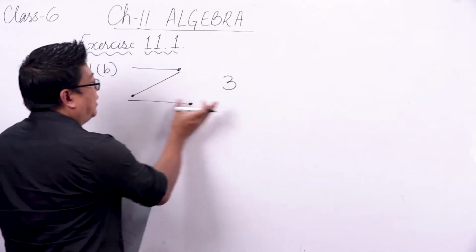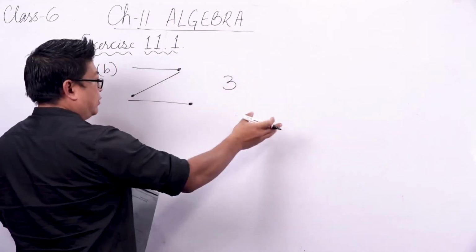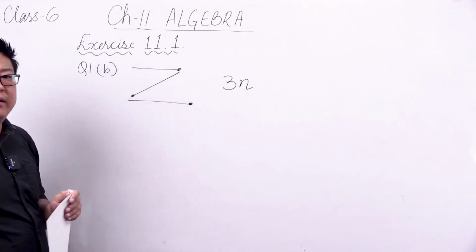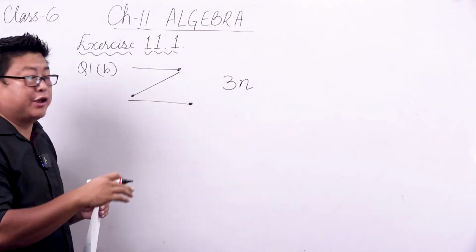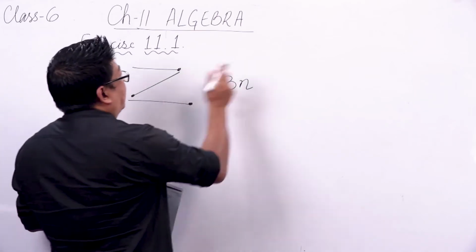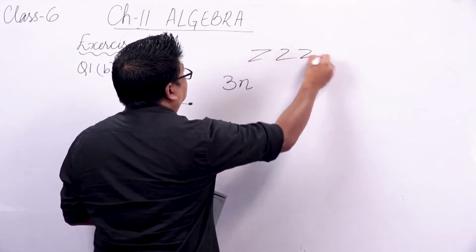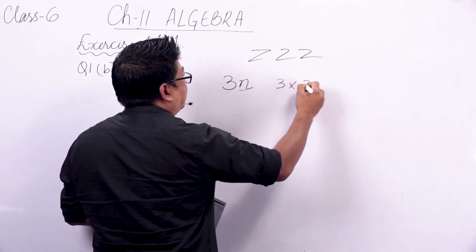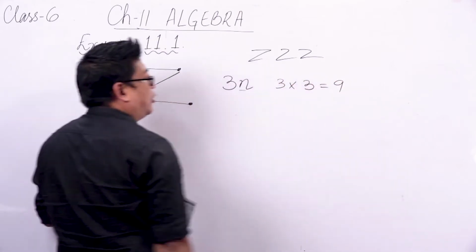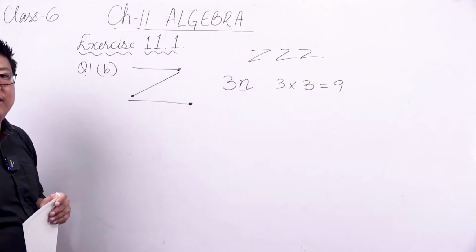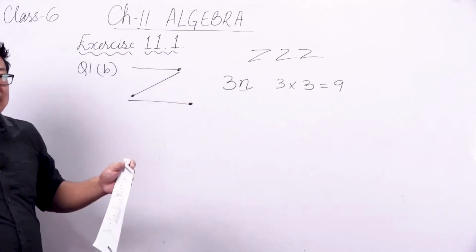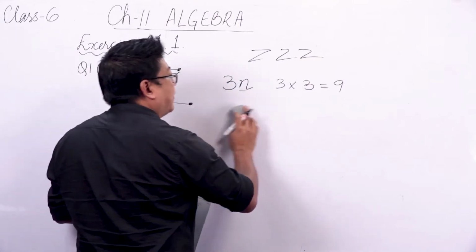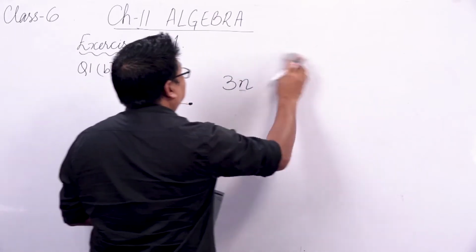And depending on how many Z's you make, this n will be substituted, okay? So if you are making 3 Z's, in place of n, you will write 3 into 3. So in total you used 9 matchsticks. All right. So this is the idea behind the representation using a variable with matchstick patterns.